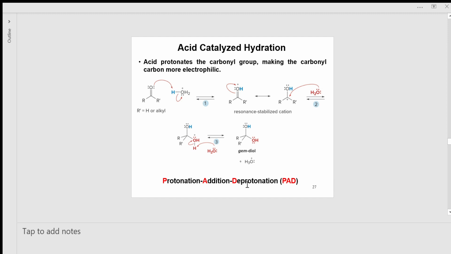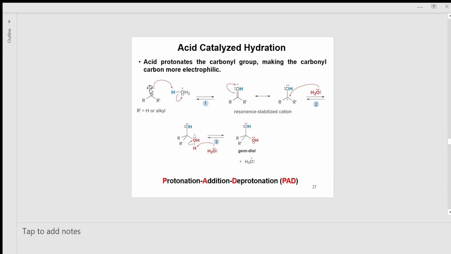I have a simple word here. It's called PAD. PAD stands for protonation, addition, deprotonation. Whenever you have this PAD process, it is probably good for many aldehydes, ketones, or carbonyl compounds.